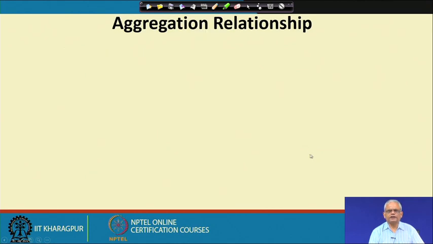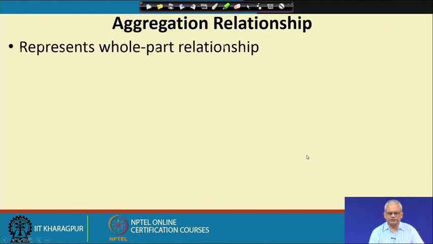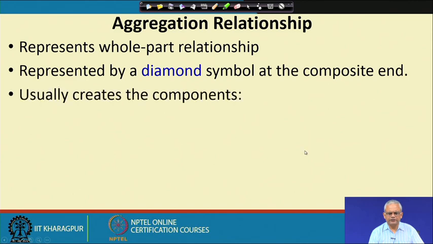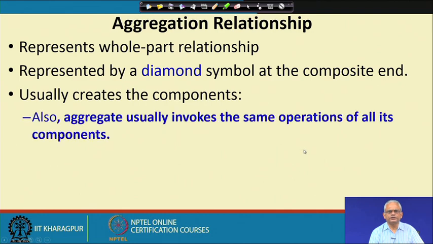Now, let us look at the aggregation relationship between two classes. The aggregation relationship indicates a whole-part relationship represented by a diamond symbol, and the aggregate class creates many components, and it is also true that an aggregate class invokes the same operations of all the components.